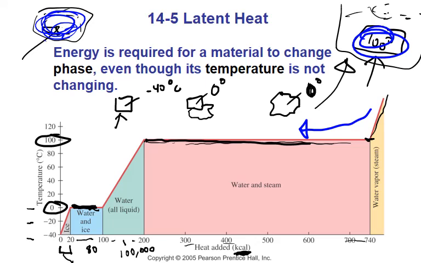What's going to happen is water's going to form, and you're going to have water and steam, but they're still going to be at 100 degrees. So if you're cooling it, it'll still be at 100 degrees. Now, once you get to this point, it's 100-degree water, and if you keep cooling it, the temperature is going to drop down to 0, and then you have water at 0. Then if you keep cooling it, you'll have water and ice at 0 degrees, and so on. So this is completely reversible.